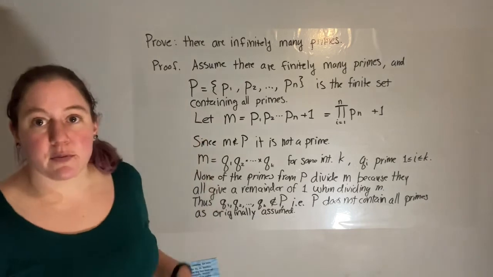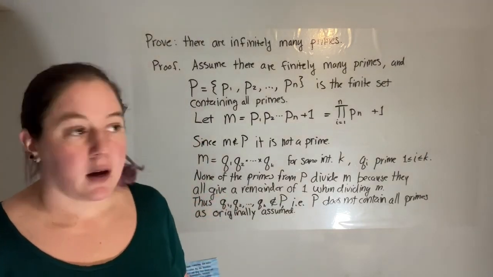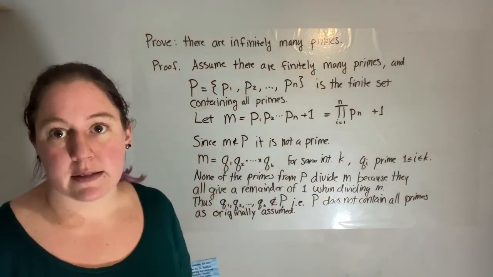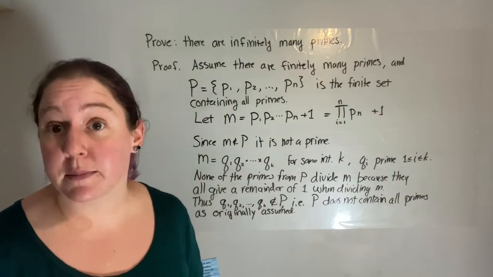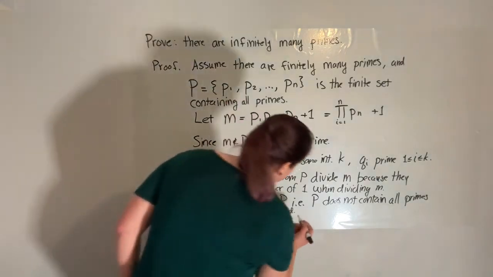And because of that, we've reached a contradiction. We've contradicted our initial assumption, which means our initial assumption can't be true. So what this means is the opposite has to be true, that there are not finitely many primes. In particular, there are infinitely many primes.